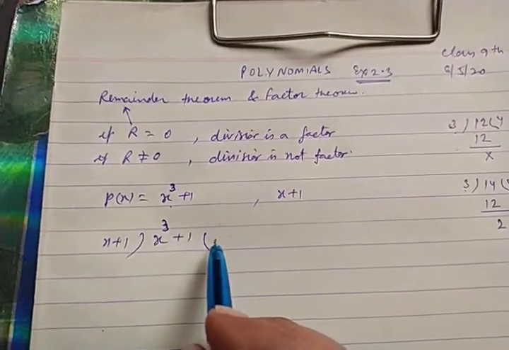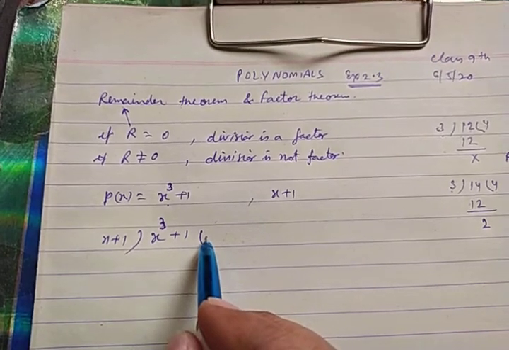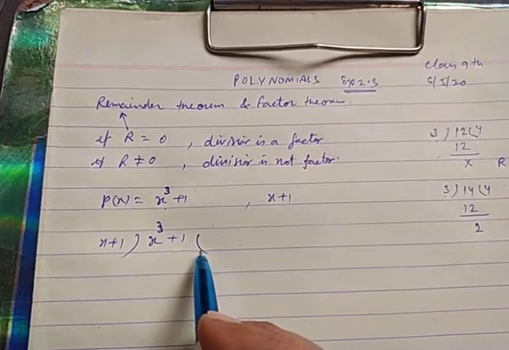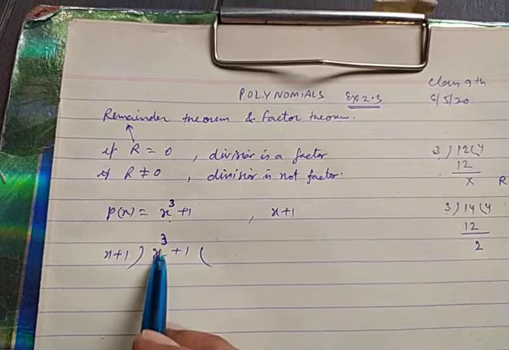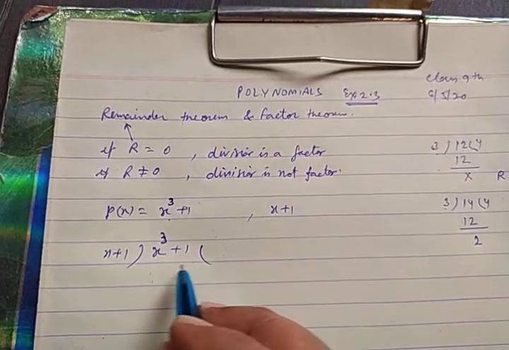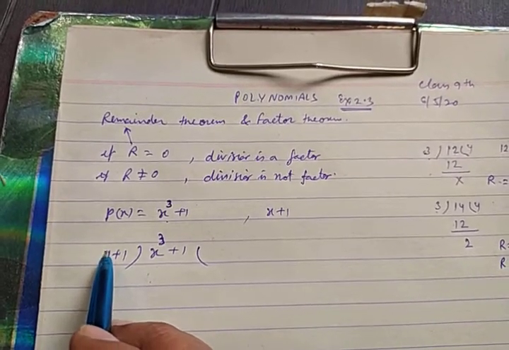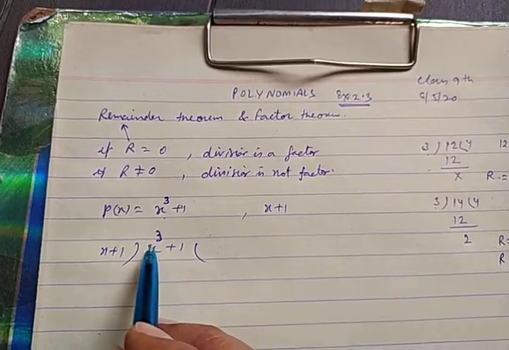Now you have to choose a value, whether digit or number, letter or both, such that after multiplication you are getting the same term in both the lines. Here it is x to the power 1, here x to the power 3.